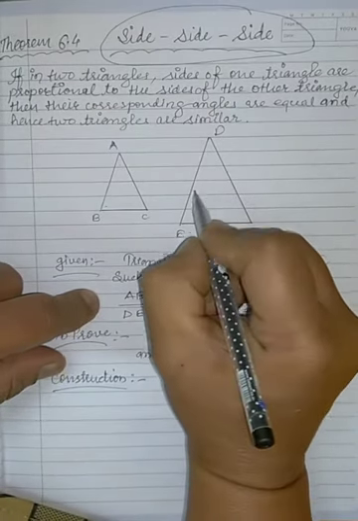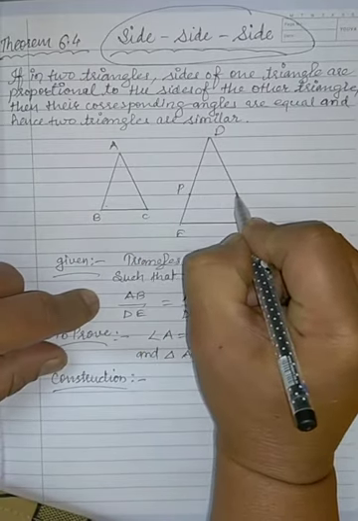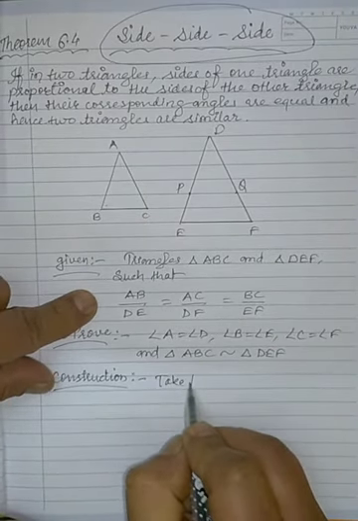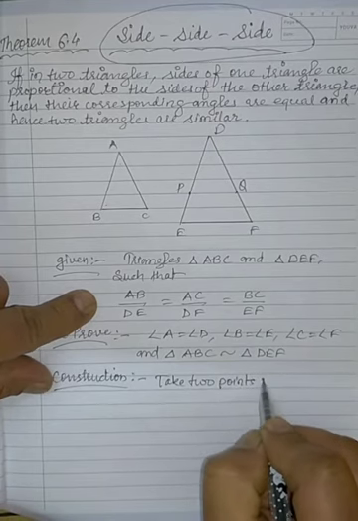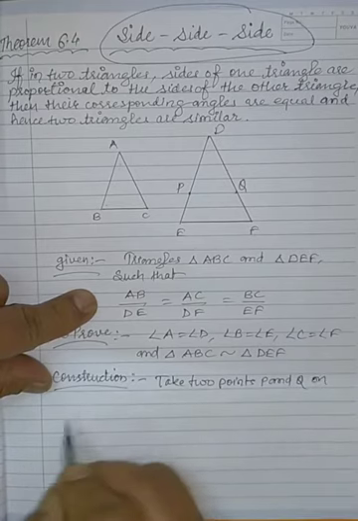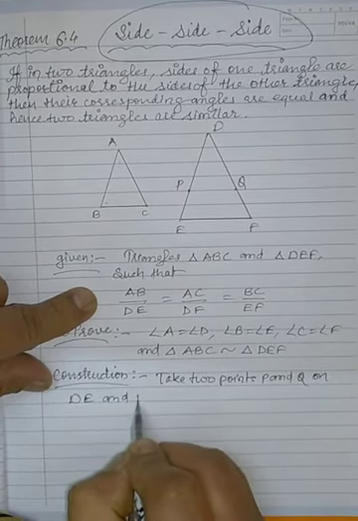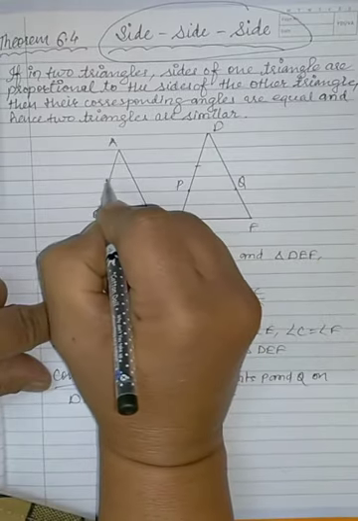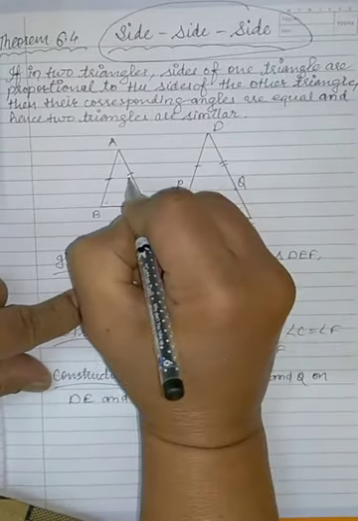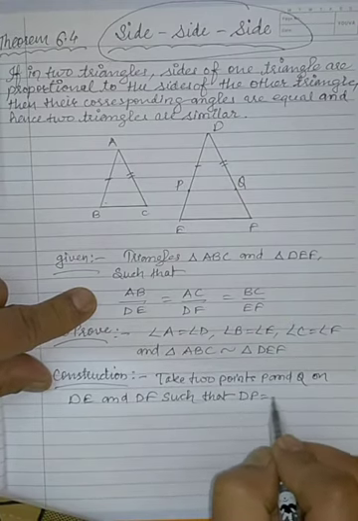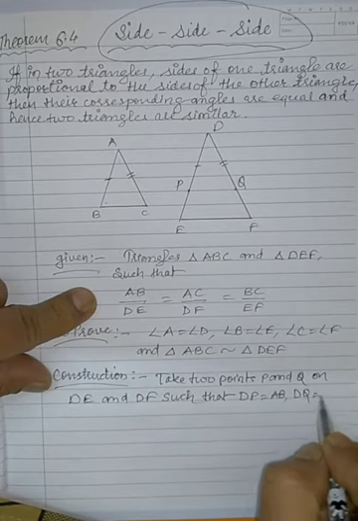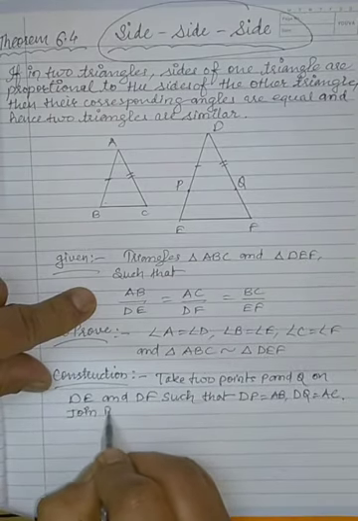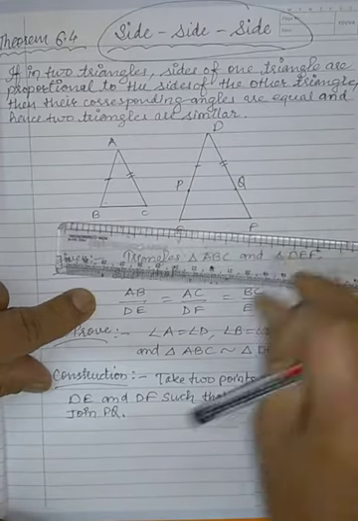So on this triangle DEF, I am taking 2 points P and Q on DE and DF such that DP is equal to AB, DQ is equal to AC. Okay? And further, let us join PQ also.